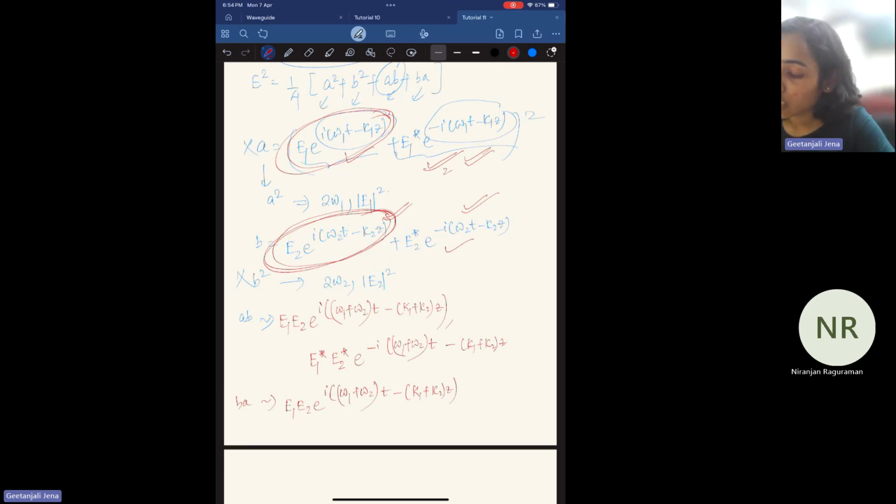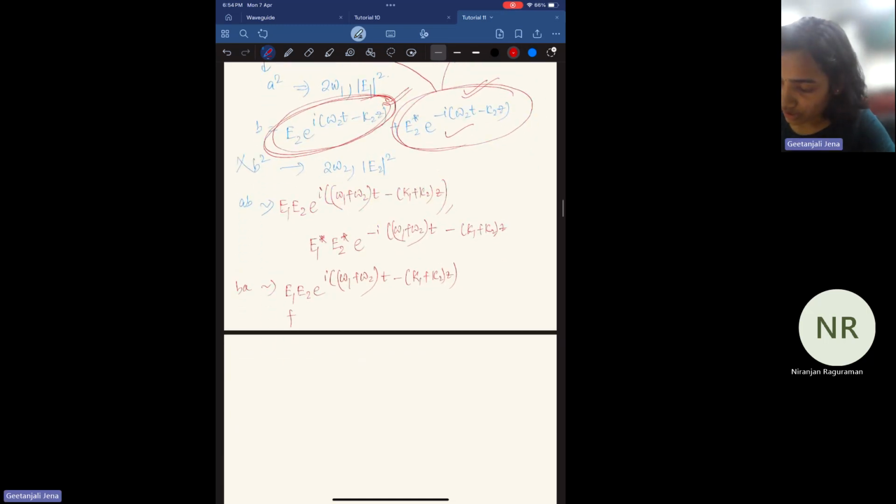This we don't want. And for this second term, if you multiply with the first term here, this will give omega 1 minus omega 2, which we don't want. And for the second term, we'll get a sum frequency generation. So that means BA and AB are giving the same contribution term.